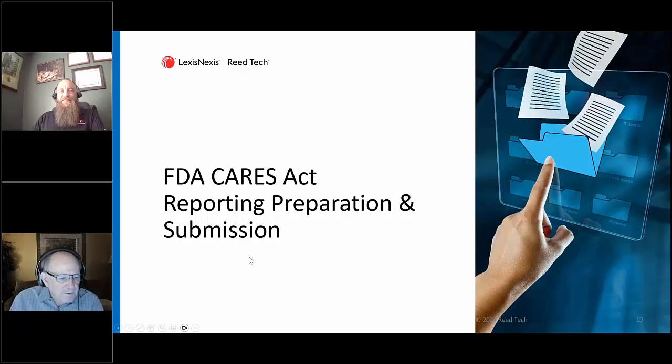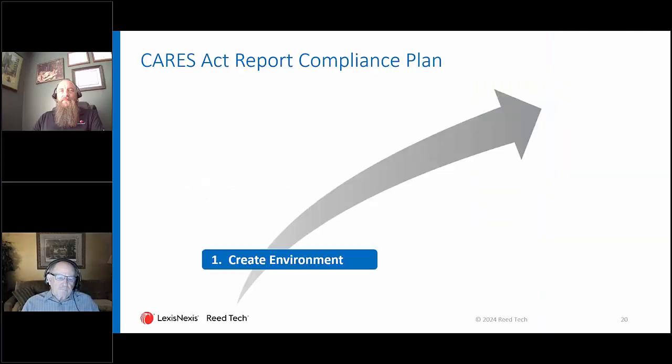All right, very good. So it looks like certainly some in the audience need to do some reports. We do have a couple comments about preparing the report and actually making the submission. There is a 4-step plan that we would recommend.